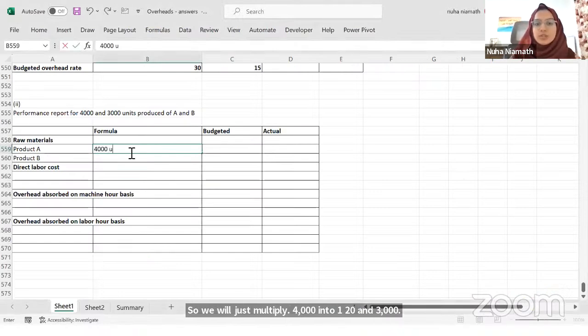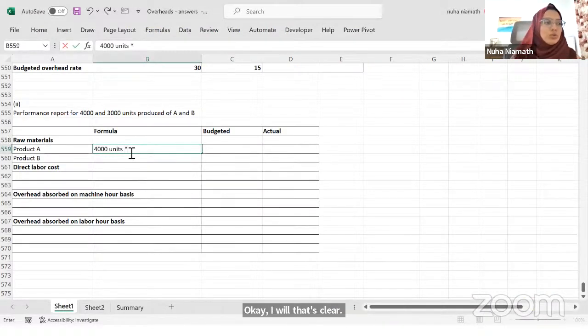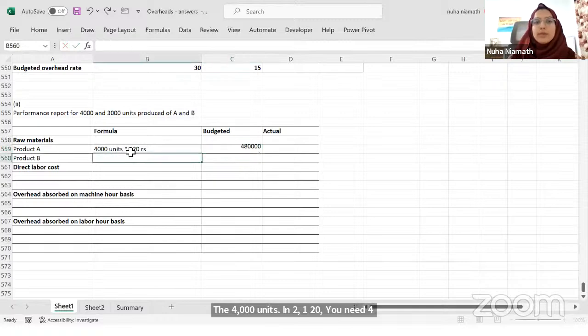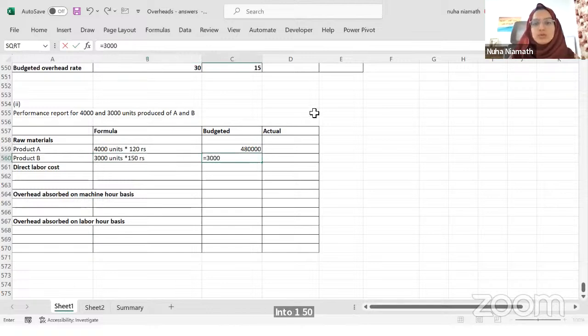So 4,000 units into 120 rupees. And for product B, it is 3,000 units into 150 rupees, which is equal to 3,000 into 150.